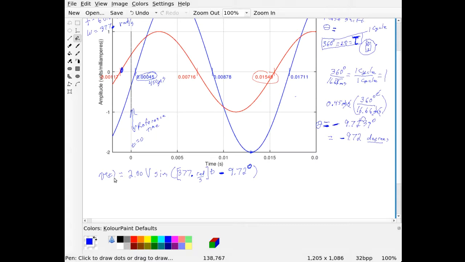And this now is our time domain representation for the voltage waveform, which is the blue waveform.